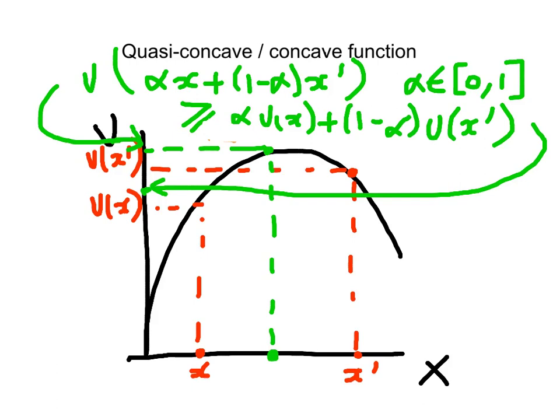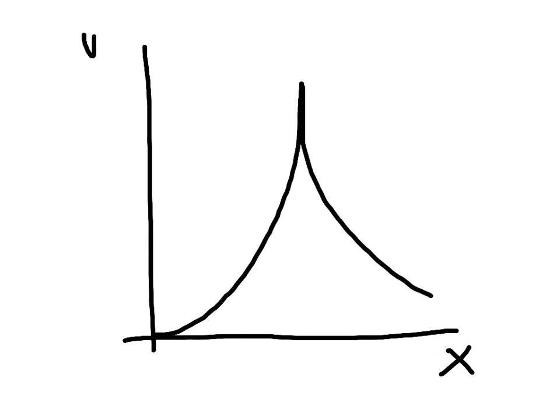However, it's possible for a function to be quasi-concave and not be concave. Okay, and let me show you what that function might look like. So a function that looks something like this, for example. Okay, this function is quasi-concave. Why is it?